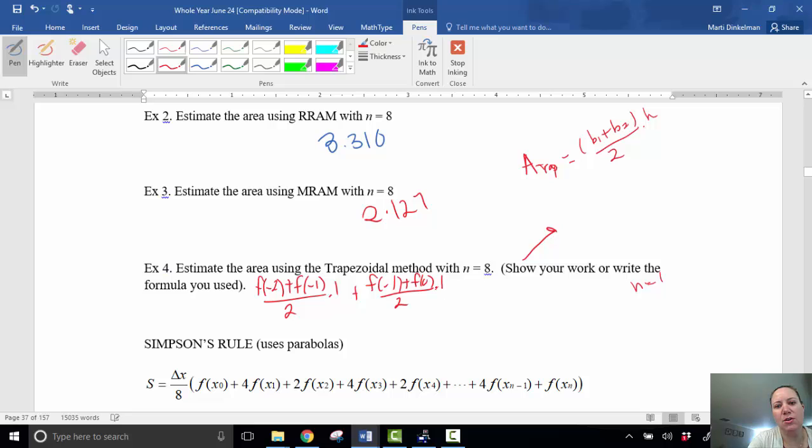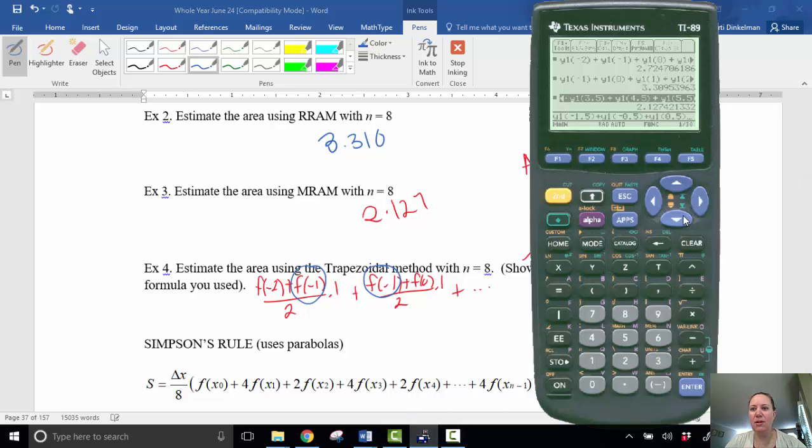Or we can start to notice that we have a pattern here, like all of the heights are 1. We're going to divide them all by 2. The other thing I want you to notice is, oh, I have f of -1 twice, and that's going to happen all down the line. So what we can do, and I'm going to go ahead and do that on my calculator. Now, this formula only works if the widths in between, the delta x, is all the same.